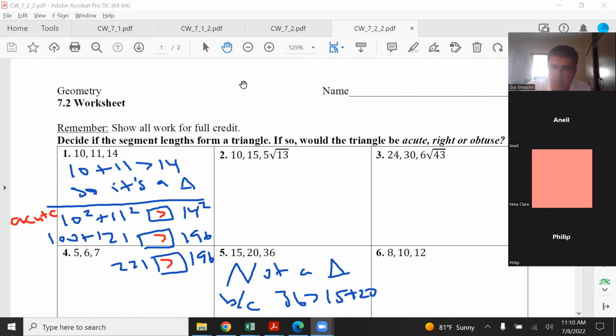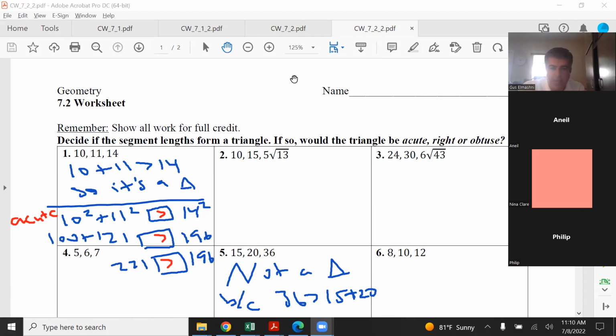I'll give you a chance to copy it down, and then I'll put you guys in breakout rooms. Yep. Any questions on 1 and 5? And remember, when you're asked to determine if the lengths will form a triangle, you want to compare the biggest side to the sum of the other two.